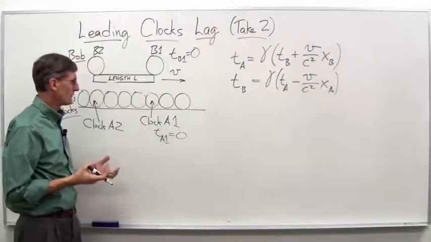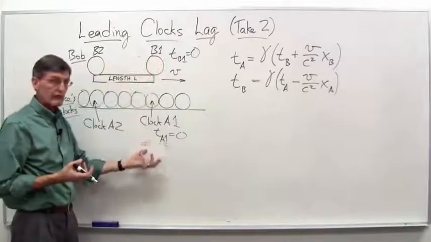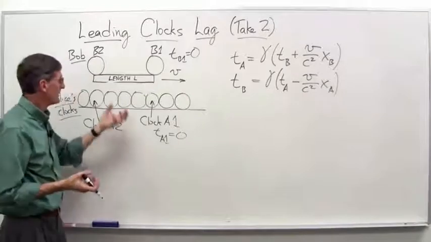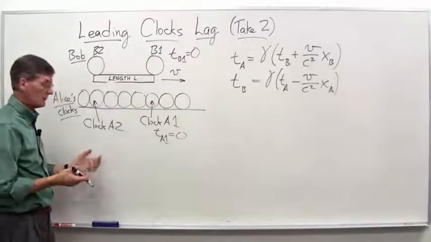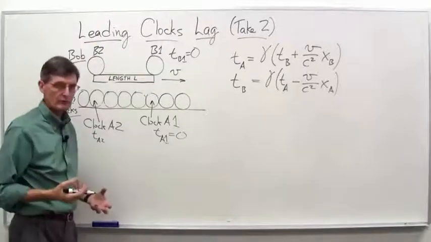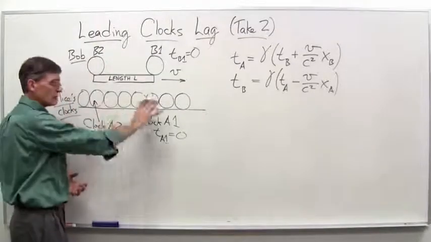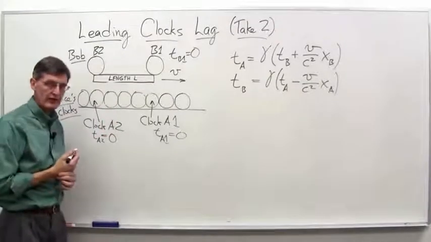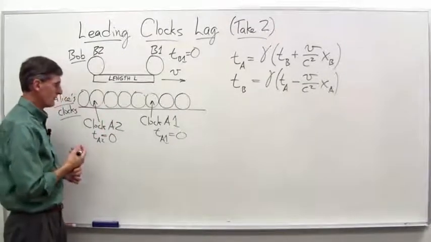And the question is, we take this flash photograph. Let's also, at that instant in time, take a flash photograph back here. So because, and this is from Alice's perspective, because all her clocks are synchronized, she'll see this, TA2 equals 0. Okay?